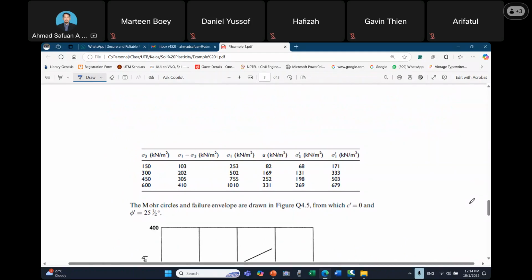That means we can have two different approaches. The first one is the total stress, the second one is the effective stress. That's why I mentioned that we can have two different Mohr-Coulomb lines.